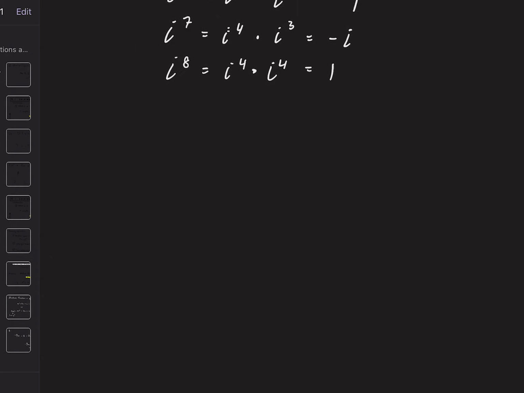So let's use a very large power of i to see how this might work. Let's say we have i to the power of 63. Now, this might look really intimidating at first. 63 is a really large power, but since i is just a reiteration of the square root of negative 1, we can simplify this into its actual value.